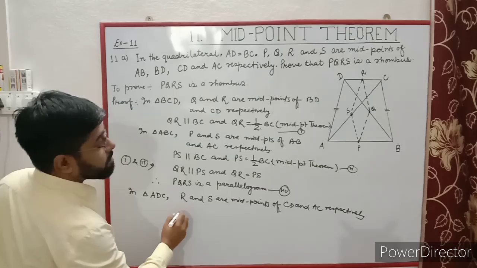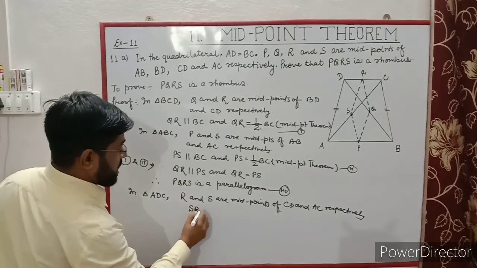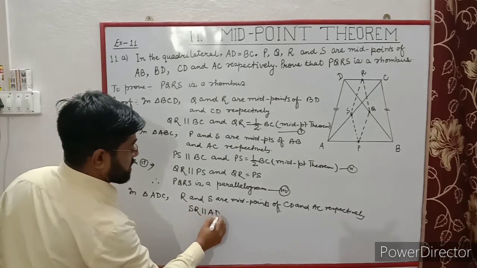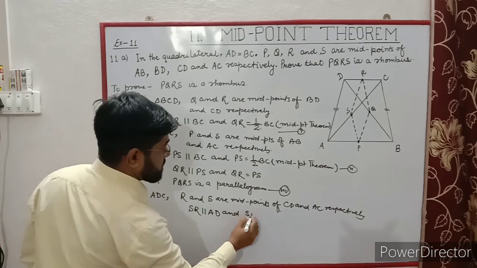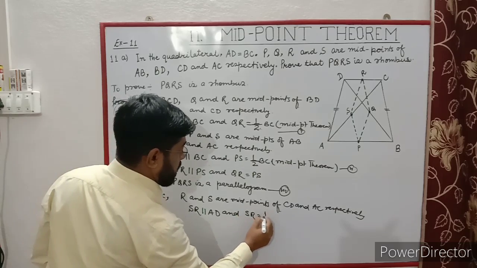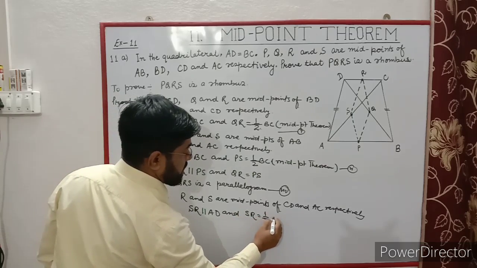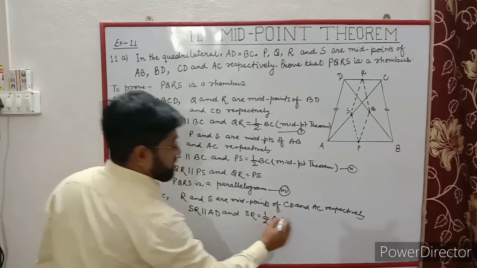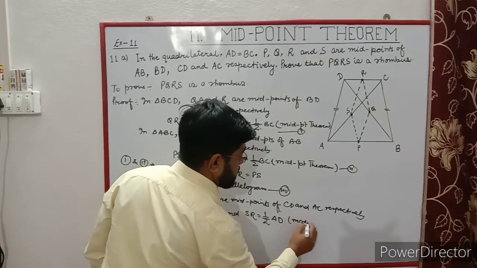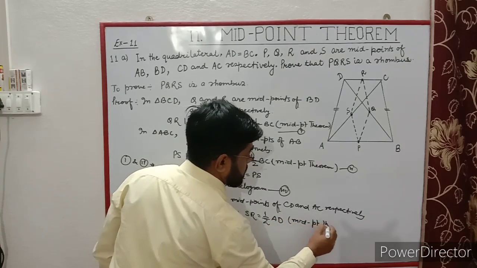Then SR is parallel to AD and SR is equal to half of AD by midpoint theorem.